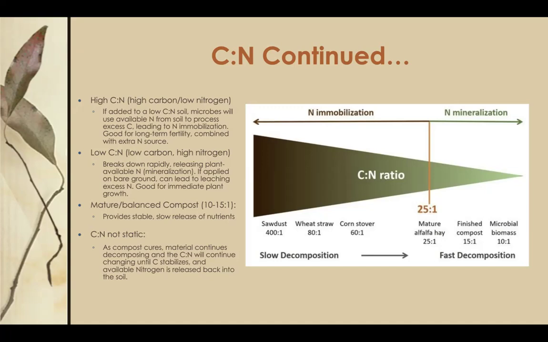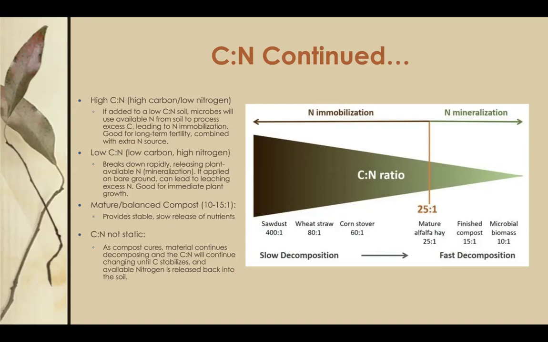If you add a high C to N, something with a lot of carbon, a lot of woody material, into a soil that has a low C to N, you're going to be trapping that nitrogen for a while, because that nitrogen is going to be utilized by the microbes that are in the compost and used to continue decomposing the carbon that's in that compost.